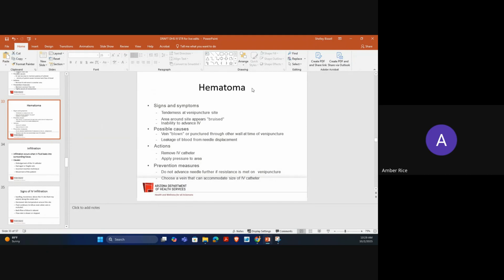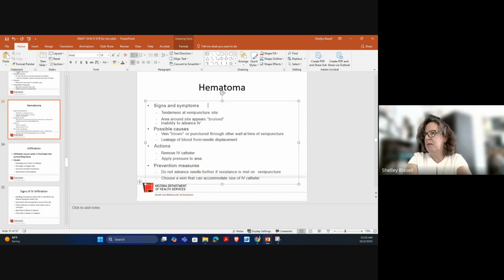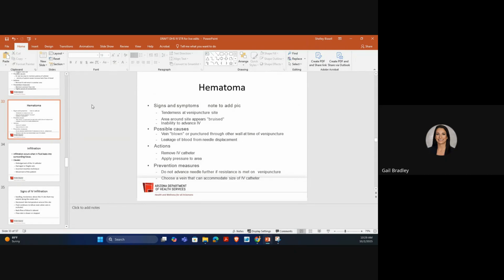Yeah, I like that idea. Note for hematoma. Yeah. The one above too, I think.